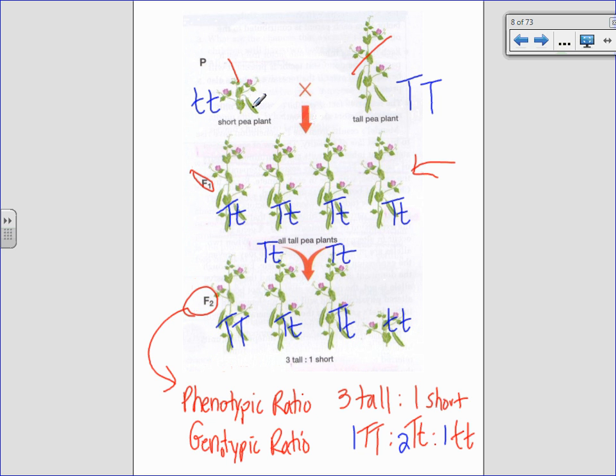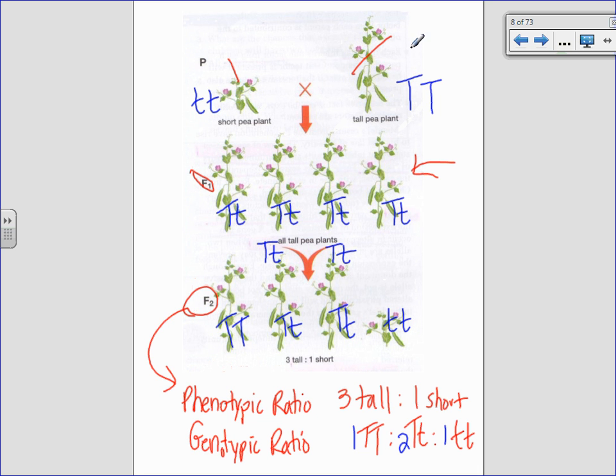Okay, so if they're purebred for a particular trait, then they must have both of the same alleles or both of the same genes, what we know as genes. So the mom copy was a little t and the father copy was a little t in this particular plant. So in the short plant, it was little t, the 2 recessive genes.